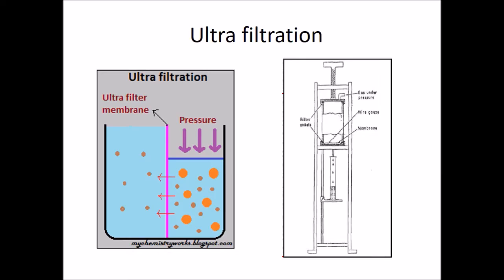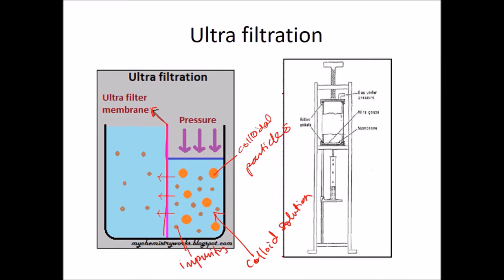This is an example of ultrafiltration. Here is the membrane, and this is the colloid solution. This big one is the colloidal particles, and the small one is the impurity.